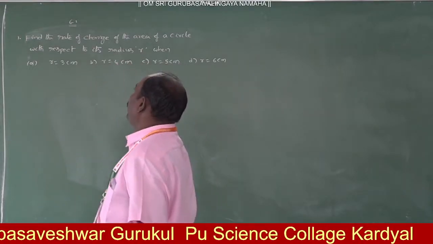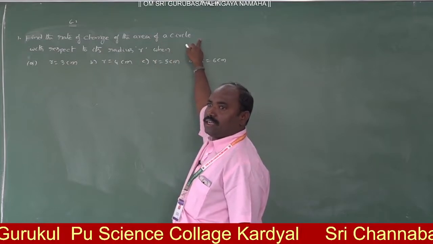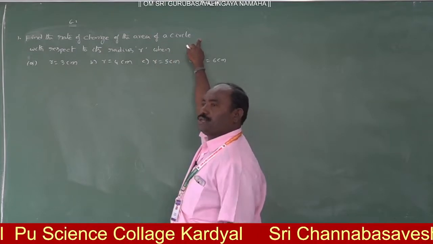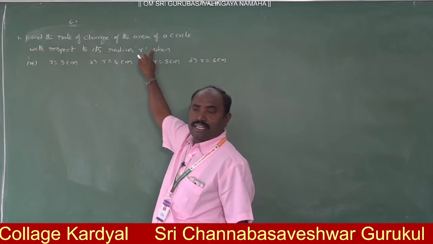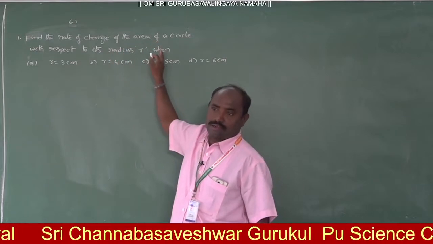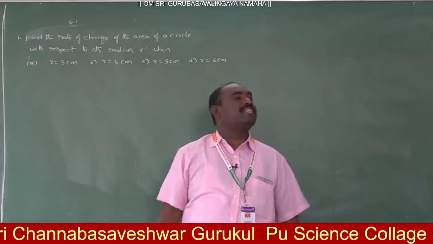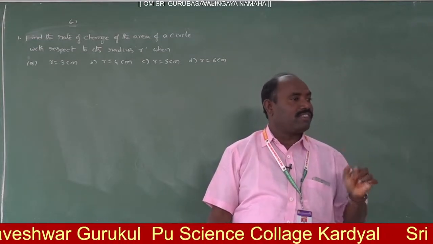Here, find the rate of change of the area of a circle. The circle's area changes with respect to its radius. Here it is perfectly given with respect to r. So what is the differentiation? dA by dr, with respect to r.